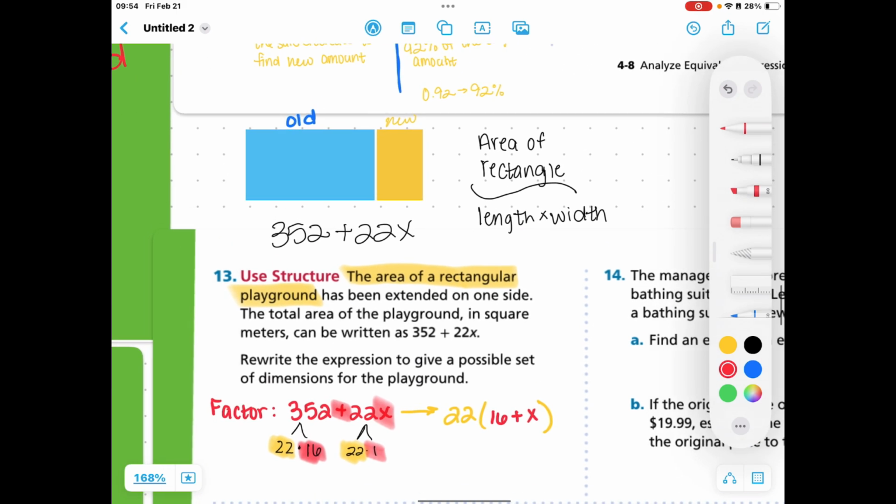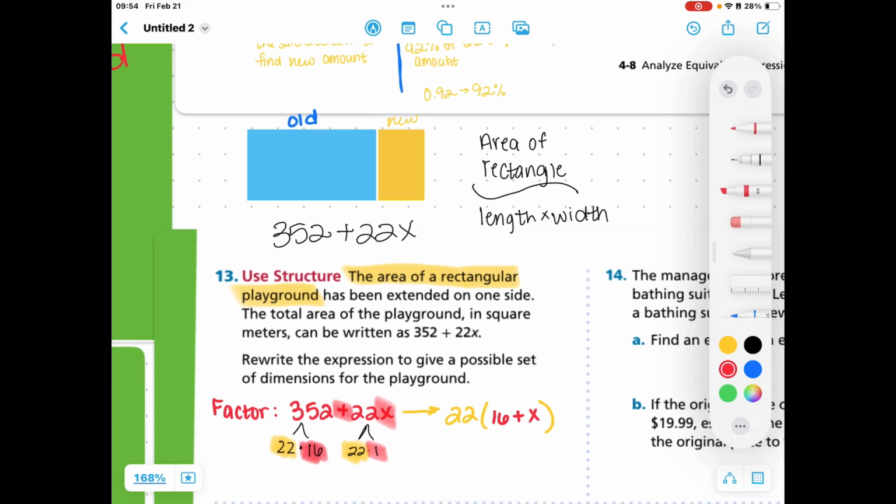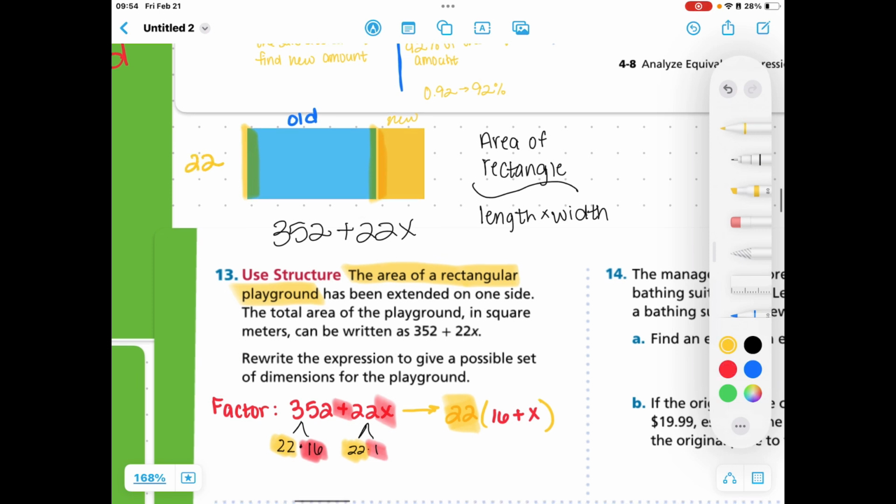Now, what does each of these numbers represent? Well, that's where you now need to go back to the rectangle. That 22 is going to be the height or the length of both the old and the new, so it needs to go all the way over here, representing both of those lengths.